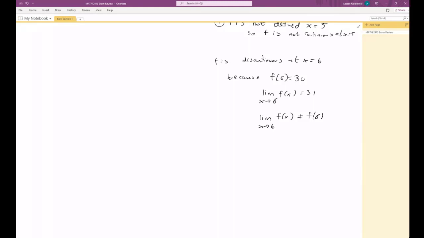How many topics do you have left that you were thinking about discussing? Well, I have another continuity problem: find values of a and b so that the function is continuous everywhere. So a piecewise function like this, but just a slightly different flavor. We're going to talk about the limit definition of derivative and use that to compute some derivatives and find tangent lines.